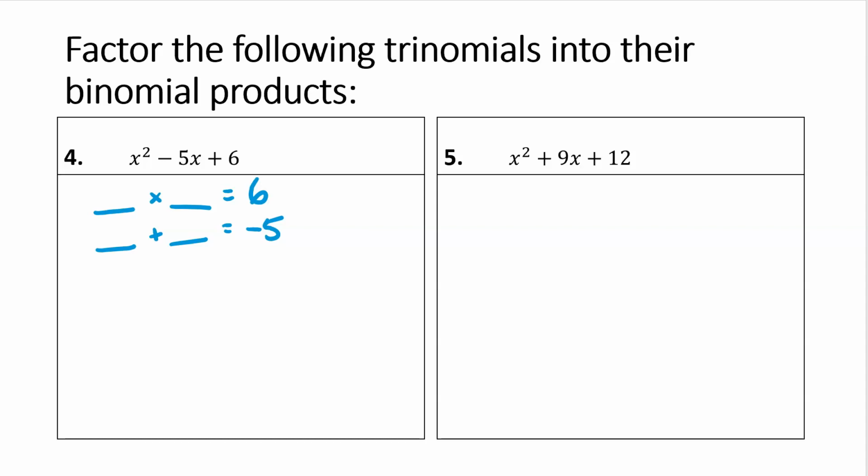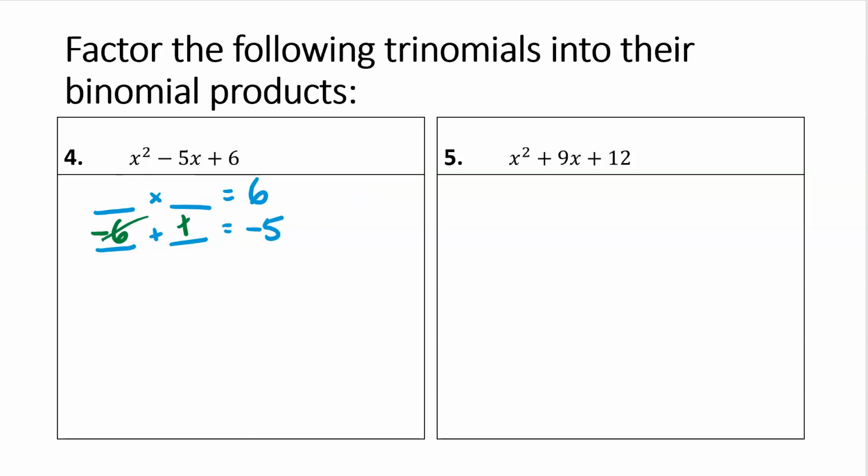Just guess and check. If I thought that negative 6 and positive 1 would work, because negative 6 plus 1 is a negative 5, well, if I tried it here, negative 6 times 1 would be a negative 6, not a positive 6. So I know these numbers don't work. That's not a problem. Just try two more numbers.